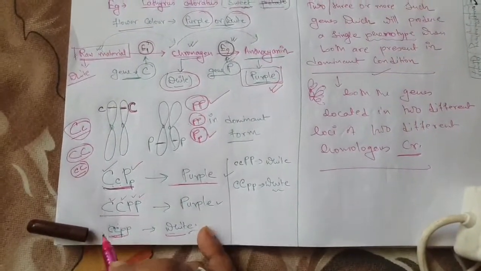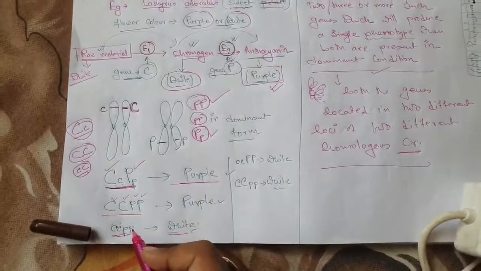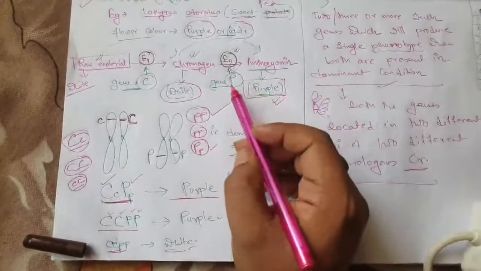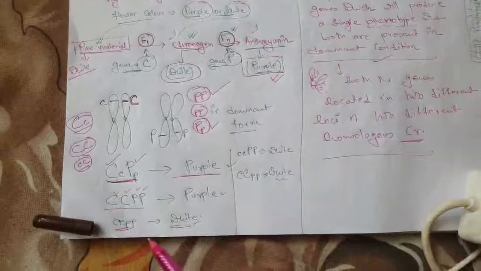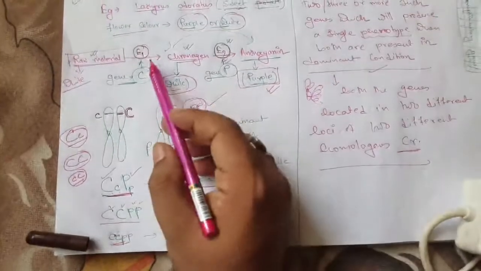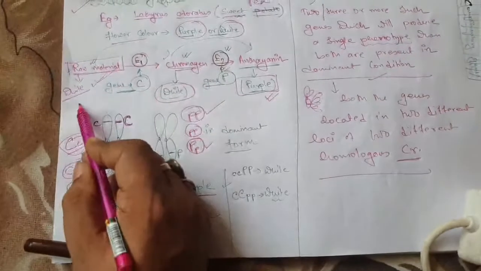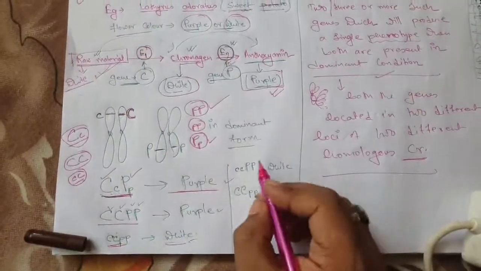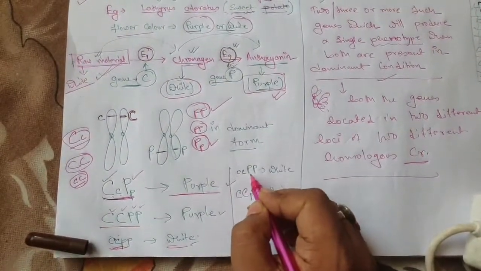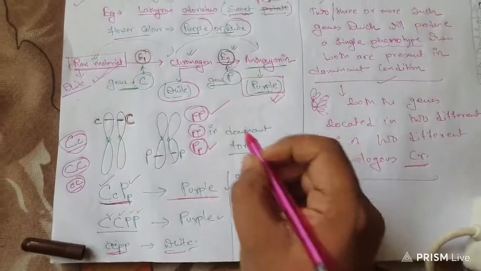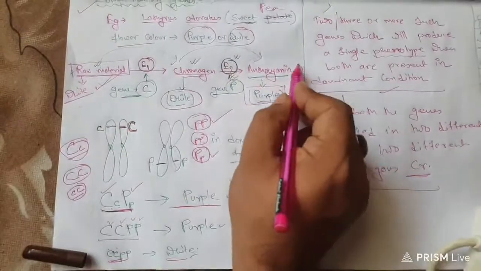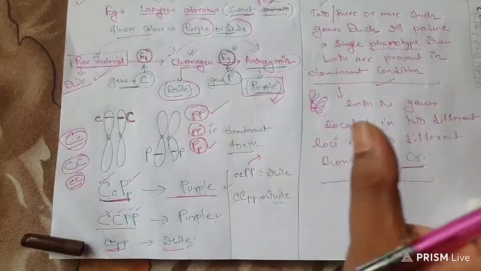Small c means, at first, with small p, what? Enzyme 2 will not be produced. Doesn't matter, small c is there. That means enzyme 1 will not be produced, so the raw material will remain like that. So white coloration will be there. If it is small c, capital P, you will expect that enzyme 2 is produced, so anthocyanin is produced and the flower becomes purple.